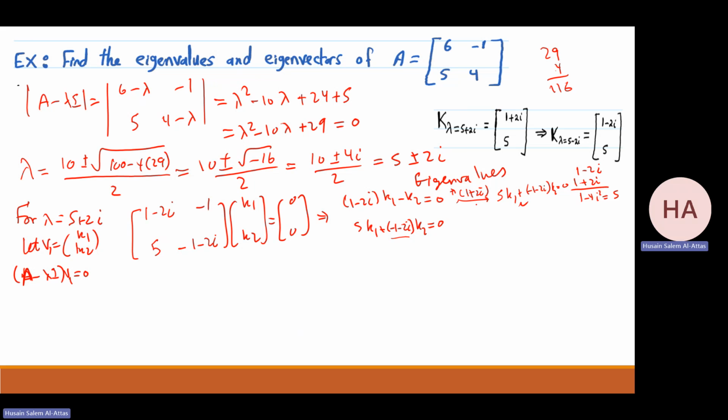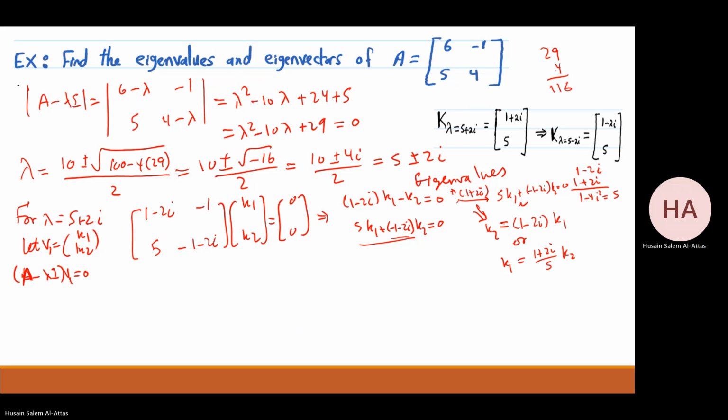So I have only one equation, so I will write k2 is equal to 1 minus 2i times k1. Or, just to make it like what he did, I can use this one to write k1 equal 1 plus 2i over 5 k2.